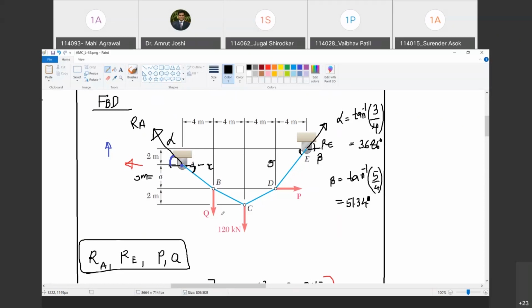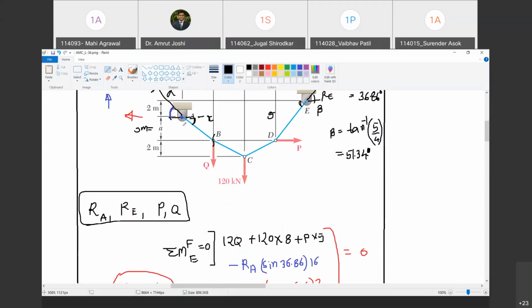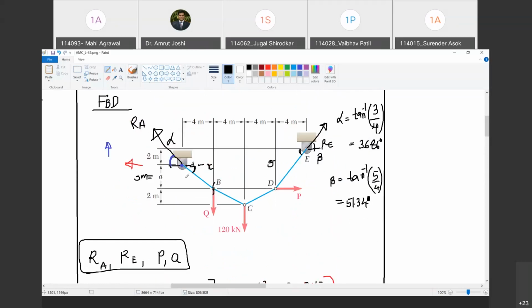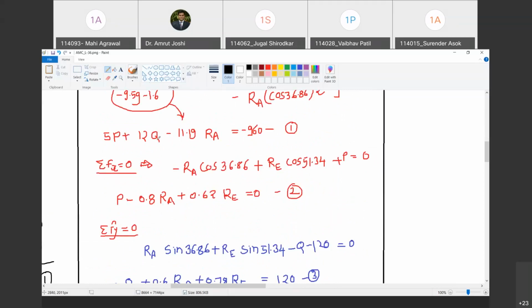But we will select one of the points. So let us select the point B. So I am going to give a cut at B. And I am going to draw the free body diagram of the left hand side part so that I will get one more equation in terms of RA. Are you with me? Yes, sir. So let us do that. Just a minute. Is that going to solve our problem? The first set of equations are in terms of P, Q and RA.